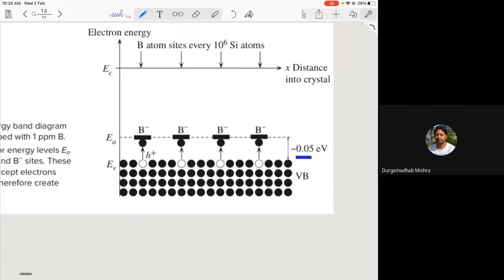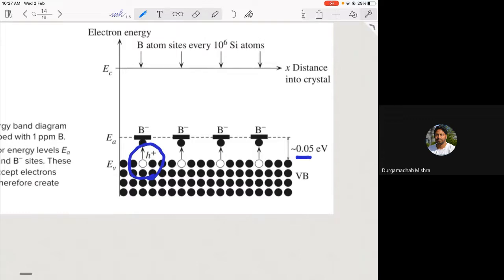In the process, it creates this hole in the valence band, which will be the mobile charge carrier moving in the valence band. And this 0.05 electron volt is close to the average thermal energy at room temperature, and that's why these electrons can go to the boron site and stay there.